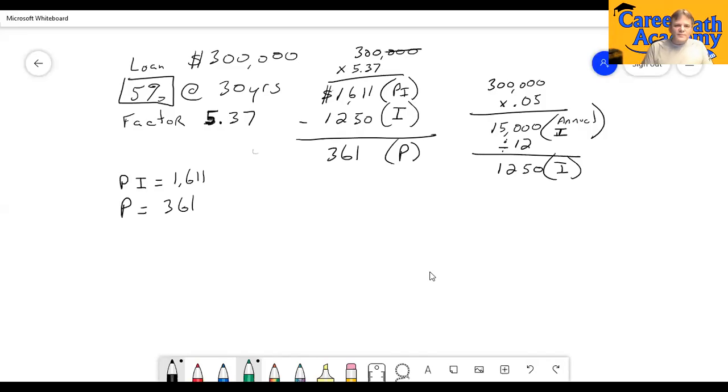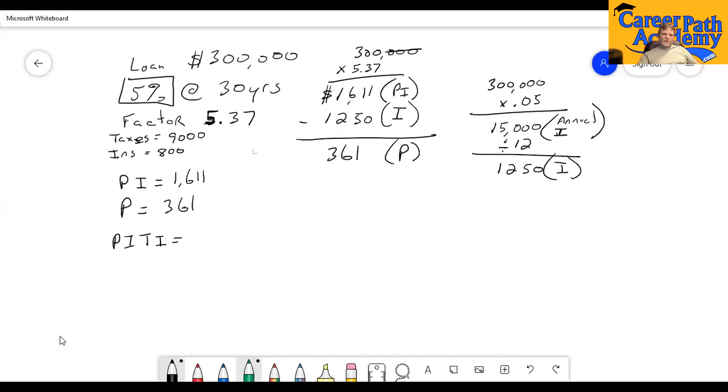I want you to tell me what the PITI payment would be if the taxes are $9,000 on this property and the insurance is $800. I want to know what the PITI payment would be.